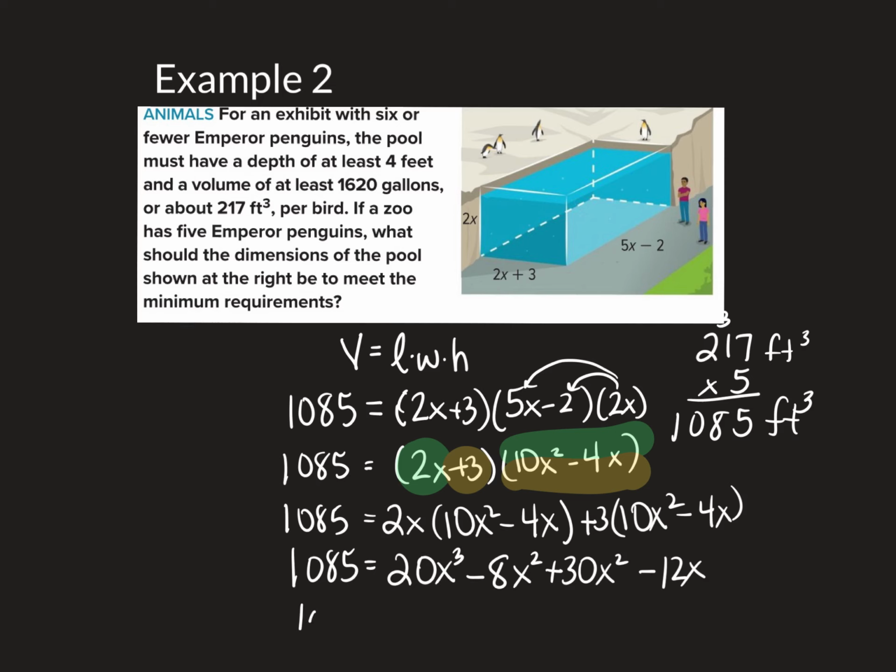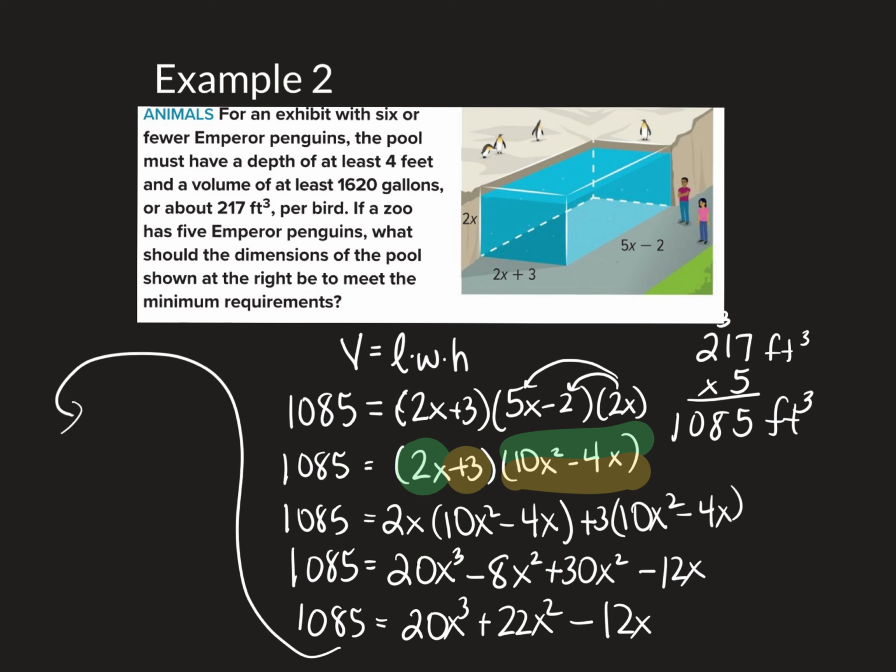So 1,085 is going to equal 20x cubed plus 22x squared minus 12x. Now, like we did in one of the previous problems, we're going to write a system of equations from that one equation. I'm going to set the left side equal to y and the right side equal to y.